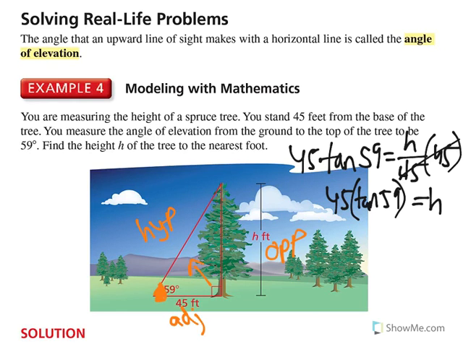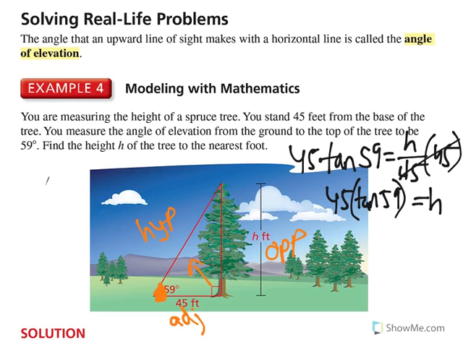You can type in 45, and then find your tangent button on there. And then you would type your 59. It'll bring it up to where it'll look like tan, and it'll have parentheses typically. And so you'll type your 59 inside that parentheses. So it tells the calculator you're taking the tangent of 59 degrees.